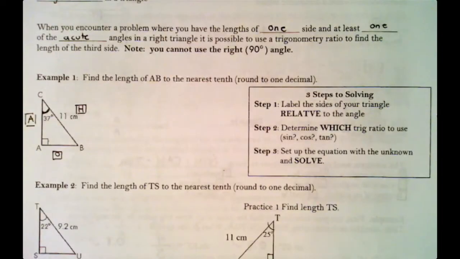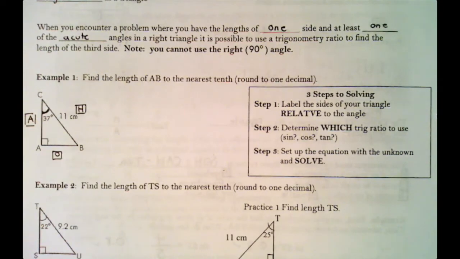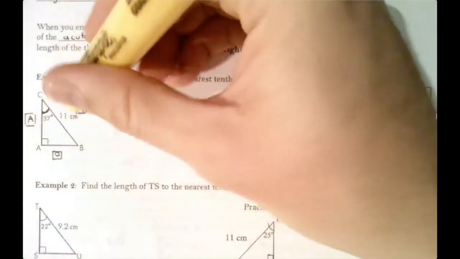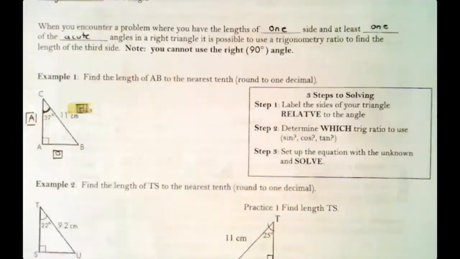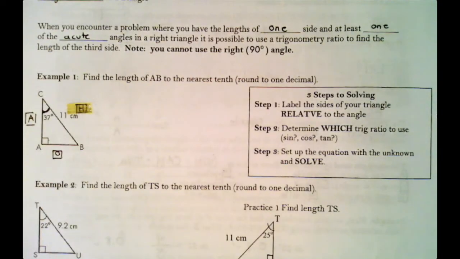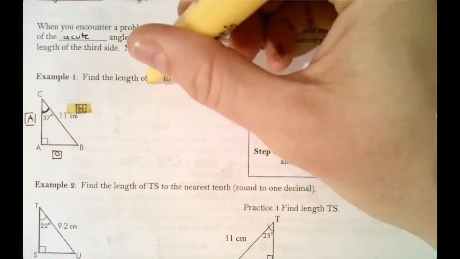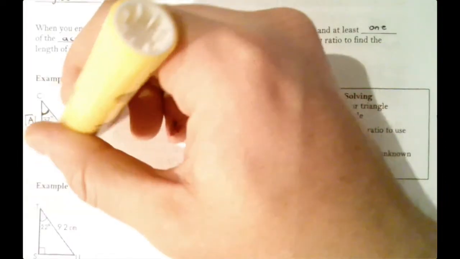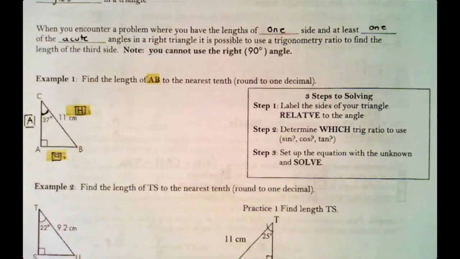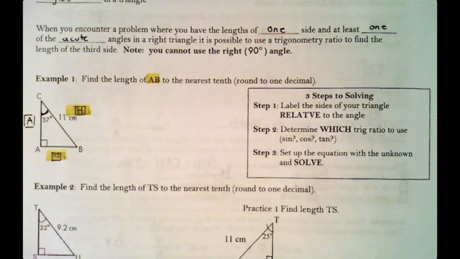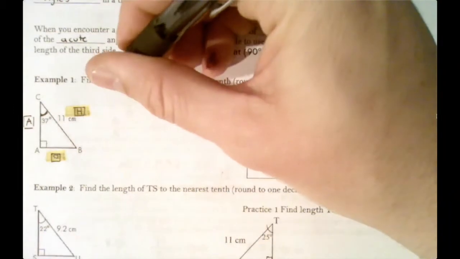So now, to figure out which ratio to use, sine, cos, or tan, we need to look at what side length we know. Well, we know 11. We know this side length, H. And what side do we want to find? Well, we want to find AB, which is this side, O. So then, to figure out if we're going to use sine, cos, or tan, we write SOH CAH TOA.